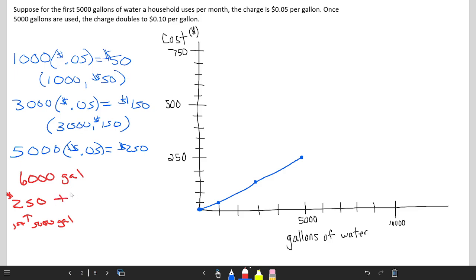Plus now, we've used an additional 1,000 gallons beyond that, right? So for the extra 1,000 gallons that we've used past 5,000, we're going to get charged 10 cents per gallon.